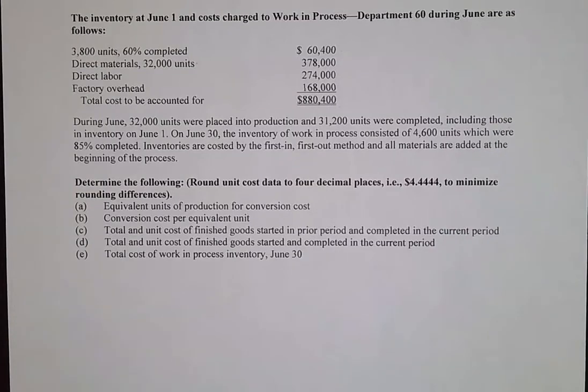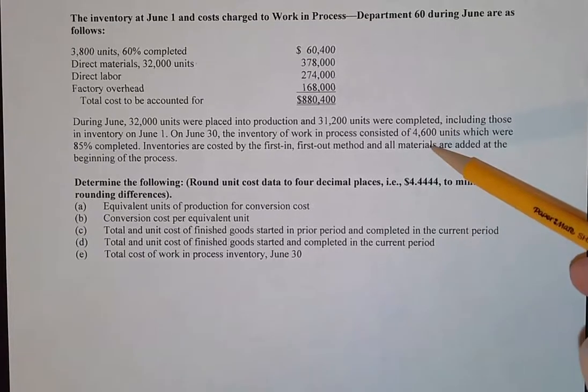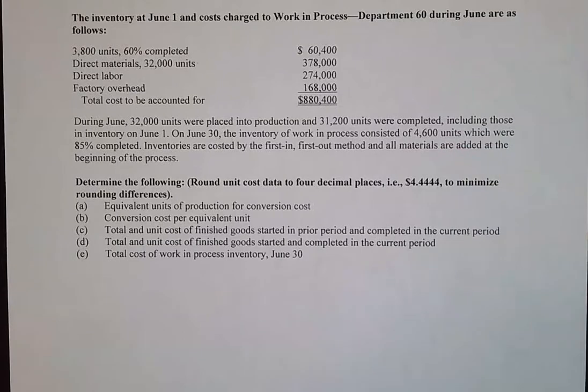Conversion costs being direct labor and factory overhead. Additionally, these 4,600 units are 100% complete as to materials, but only 85% complete as to conversion costs. It doesn't exactly tell us that, but they did tell us basically, because all materials are added at the beginning of the process.